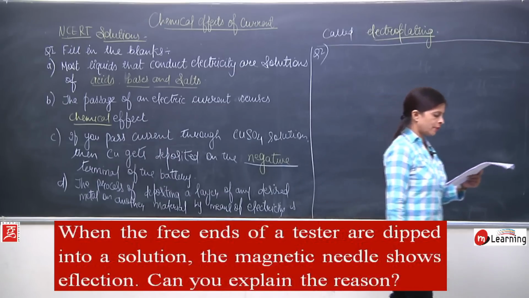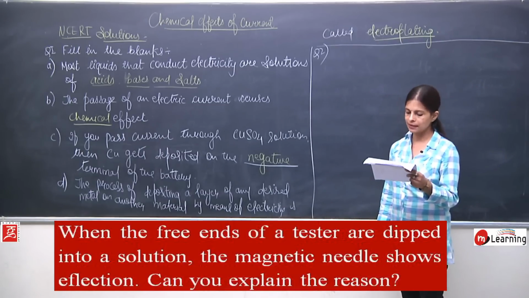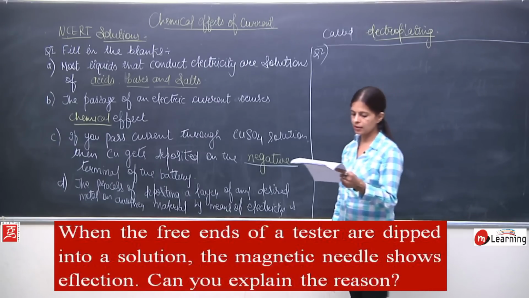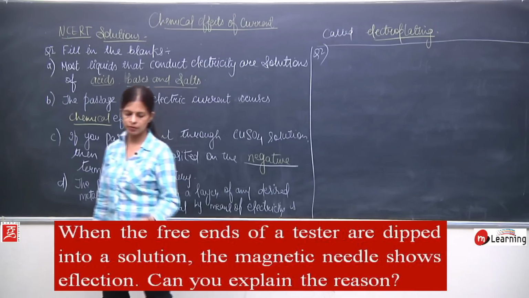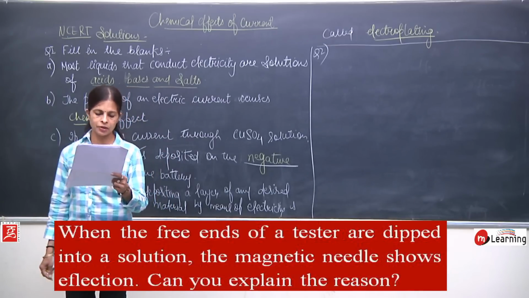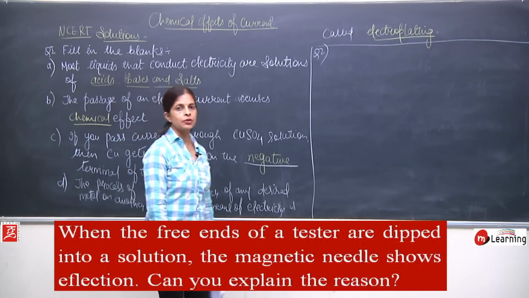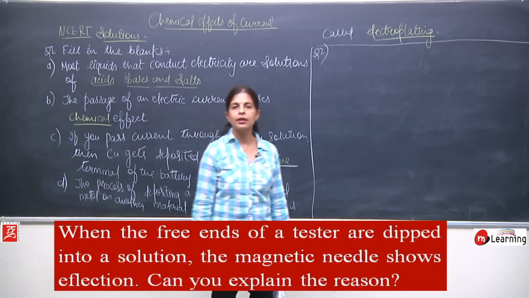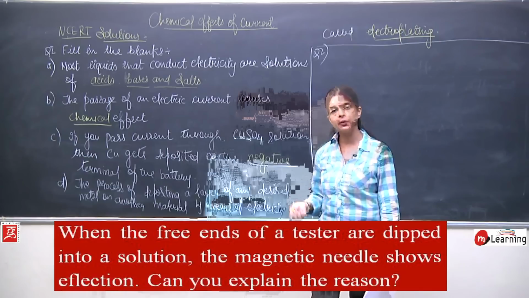When the free ends of a tester are dipped into a solution, the magnetic needle shows deflection. Can you explain the reason? When the free ends of the tester are dipped into the solution and the magnetic needle gets deflected, definitely that means the current is flowing.